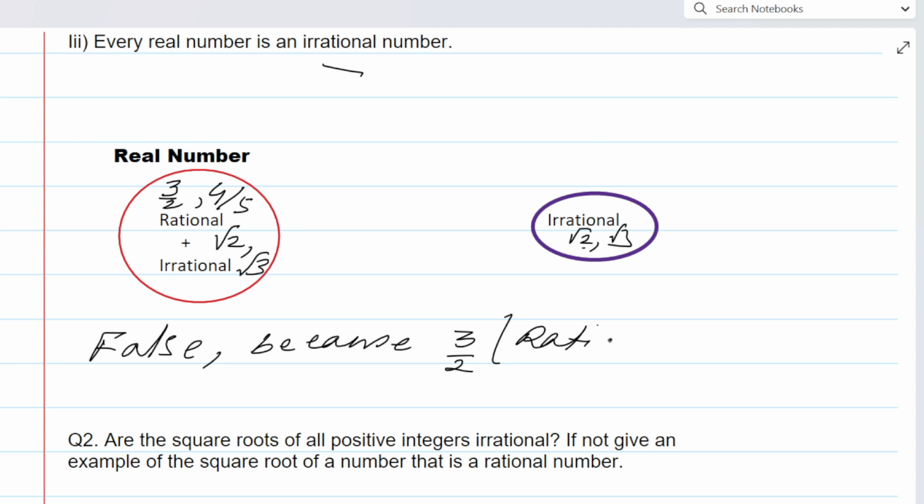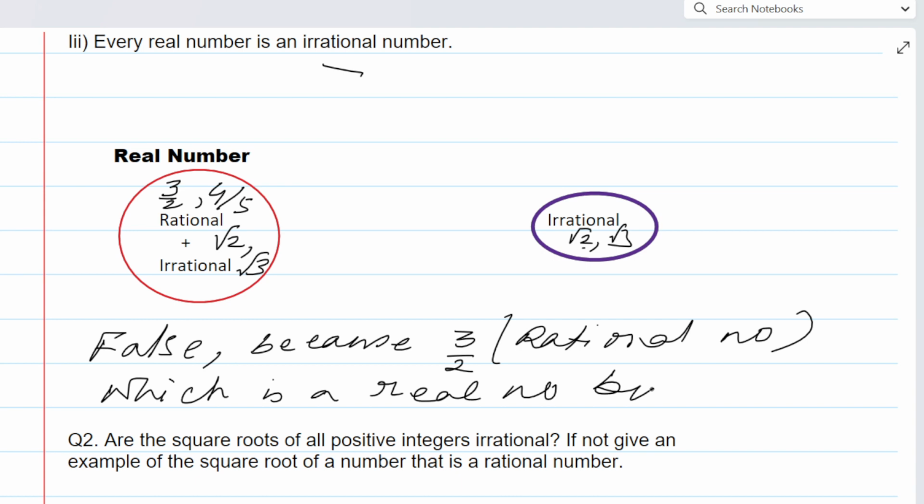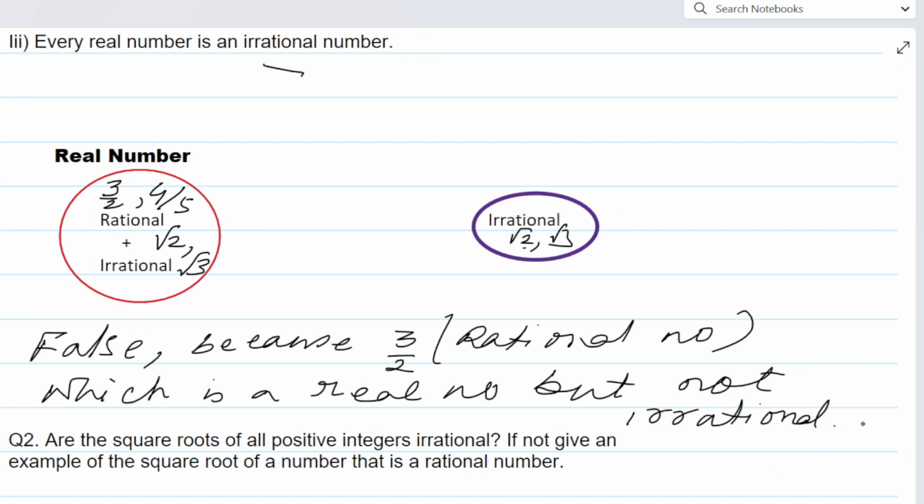It is a rational number, which is a real number, but not irrational. Is it clear? So I hope you understand all these three parts.